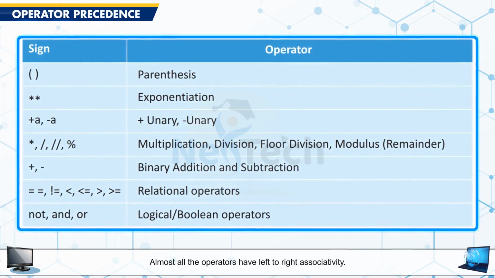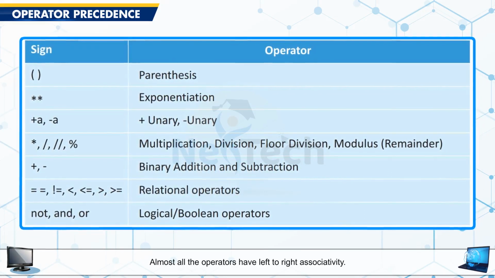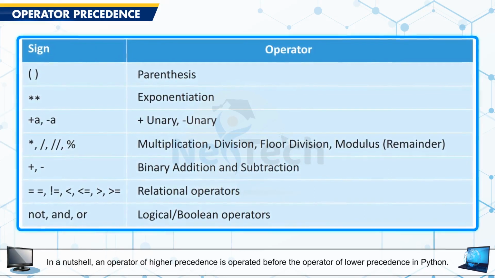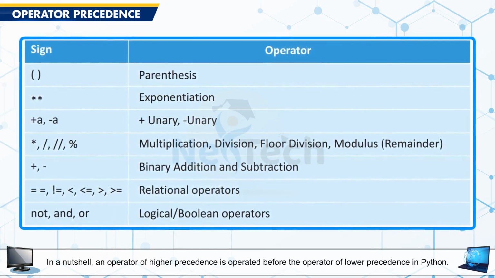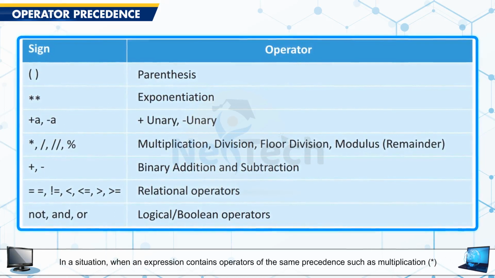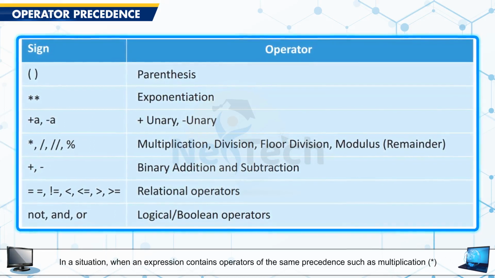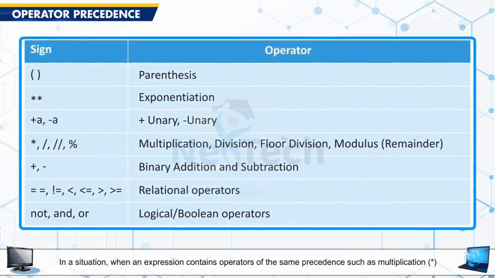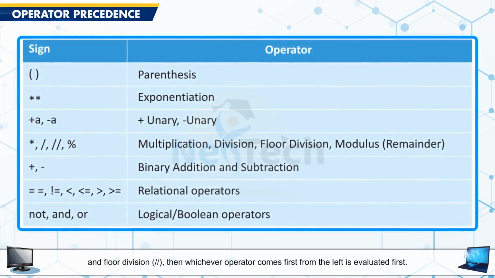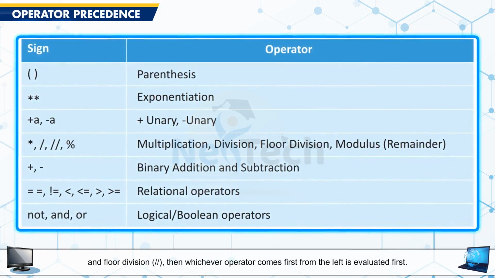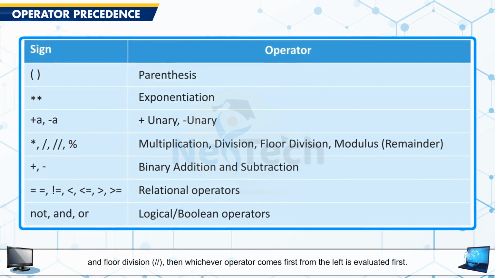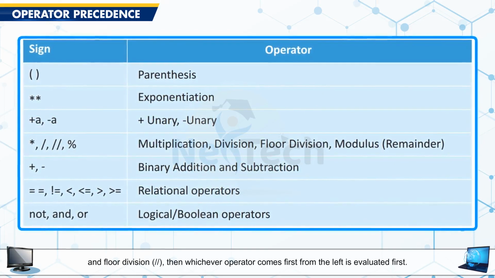Almost all the operators have left to right associativity. In a nutshell, an operator of higher precedence is operated before the operator of lower precedence in Python. In a situation when an expression contains operators of the same precedence such as multiplication and floor division, then whichever operator comes first from the left is evaluated first.